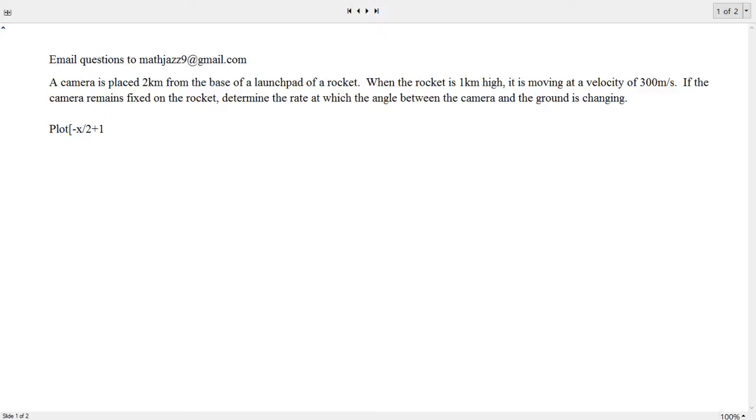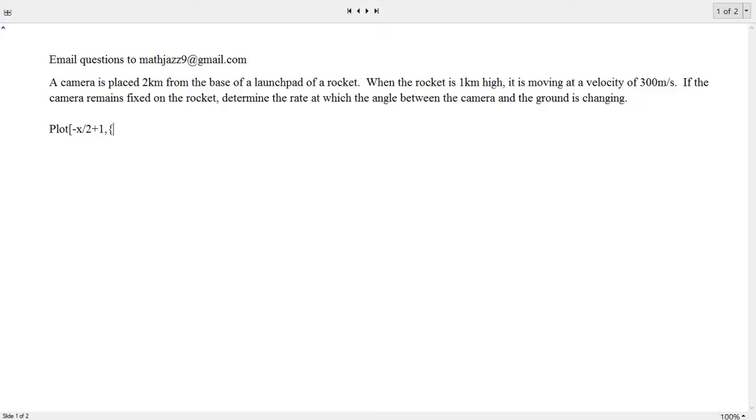So that is, since the rocket is going to be the y-intercept of our line, we're going to have 1 kilometer represent the position of the rocket. And since the line has to also pass through the camera, then the camera is going to be the x-intercept, 1 below and 2 to the right of the rocket.